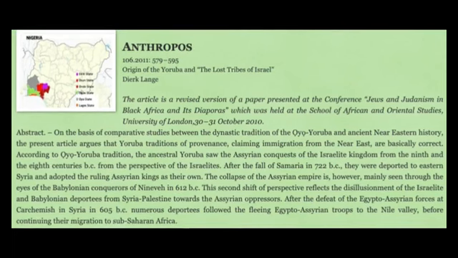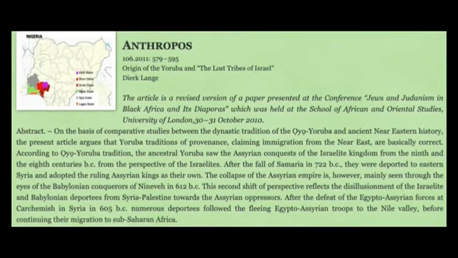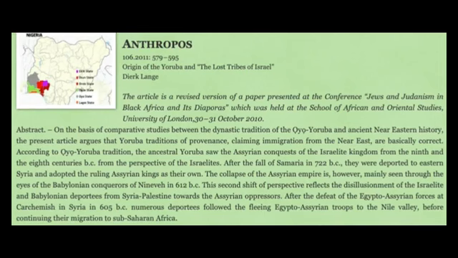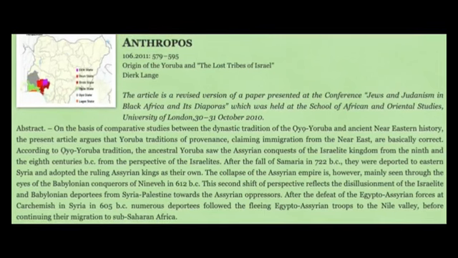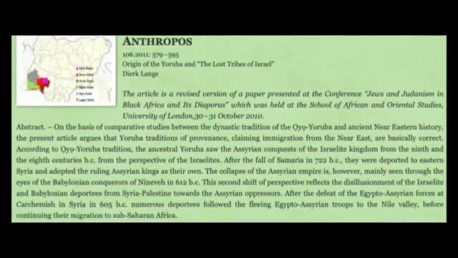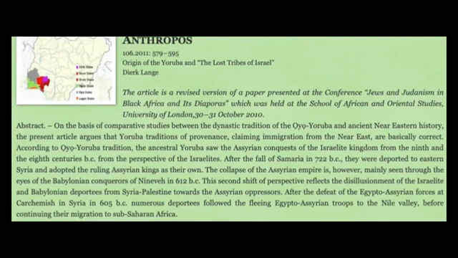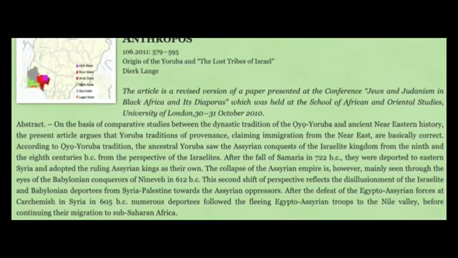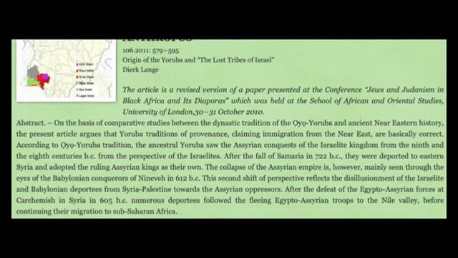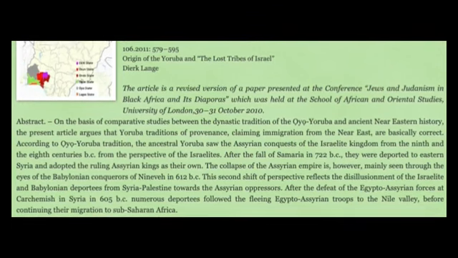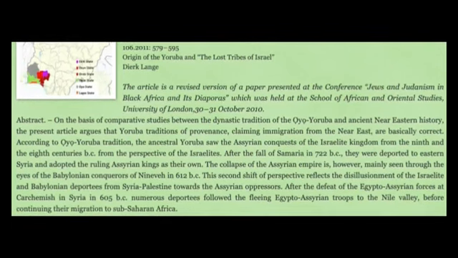The collapse of the Assyrian Empire is, however, mainly seen through the eyes of the Babylonian conquerors of Nineveh in 612 BC. This second shift of perspective reflects the disillusionment of the Israelites and Babylonian deportees from Syria, Palestine towards the Assyrian oppressors.